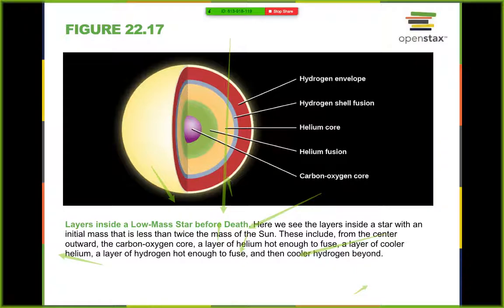And here is an inset showing the inside of a low mass star like our sun.